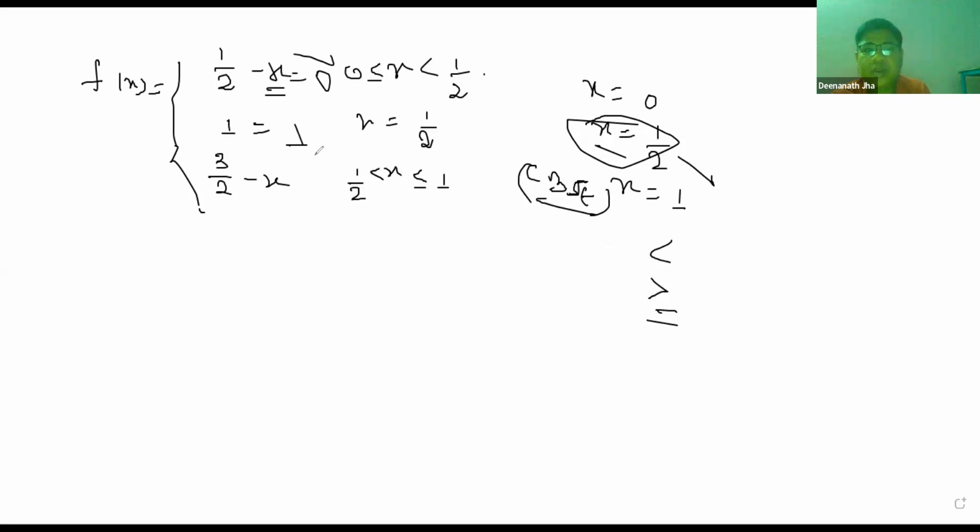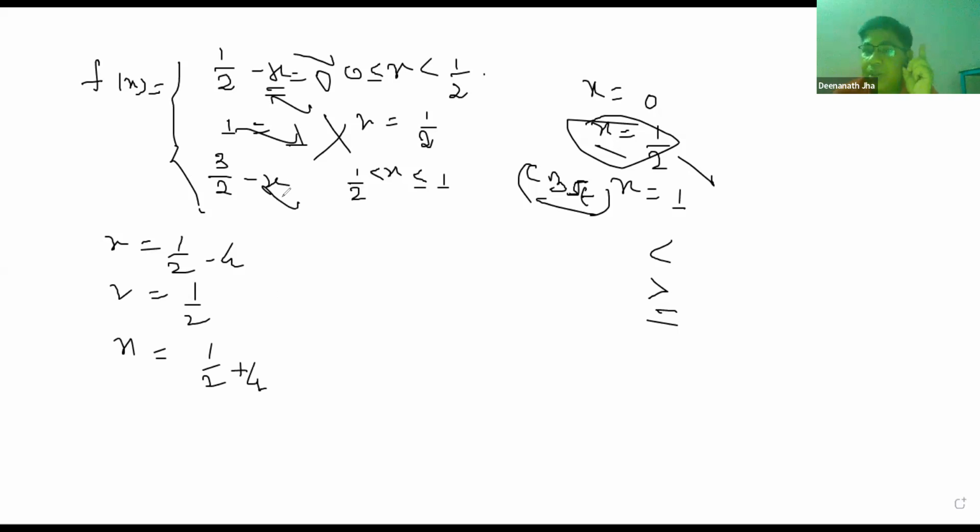So this is not continuous. Any problem? Yes, sir. But when you solve in the board examination, you have to show x is equal to 1 by 2 minus h for this part, x is equal to 1 by 2 for this part, and x is equal to 1 by 2 plus h for this part. All three parts you have to solve, then you will get full marks.